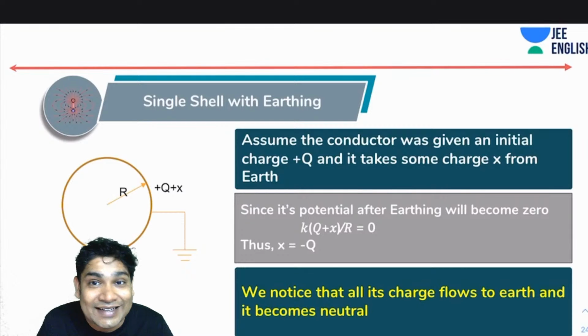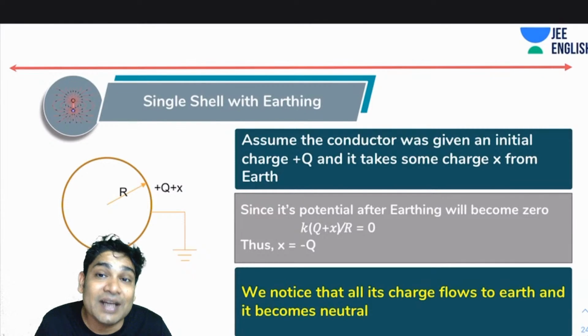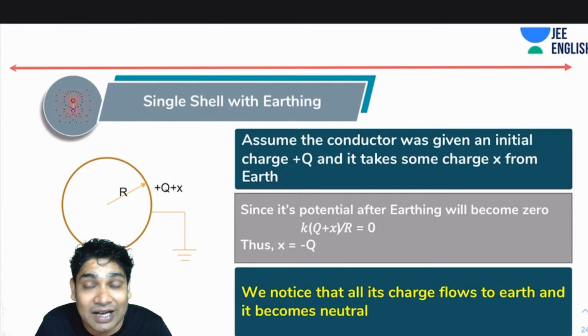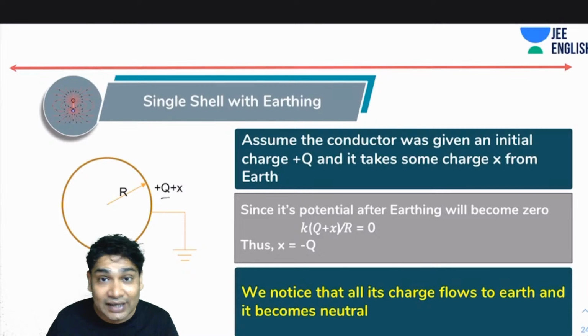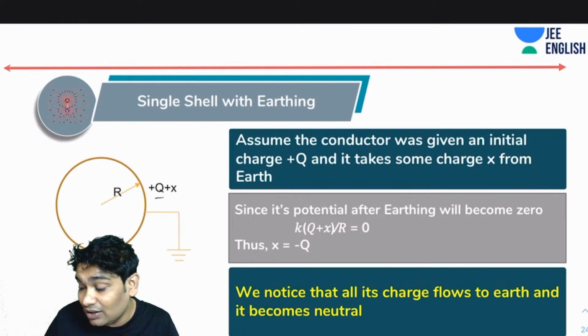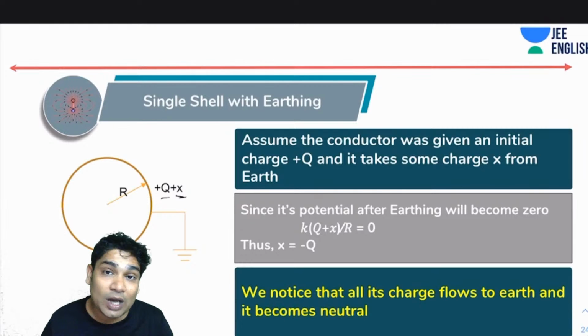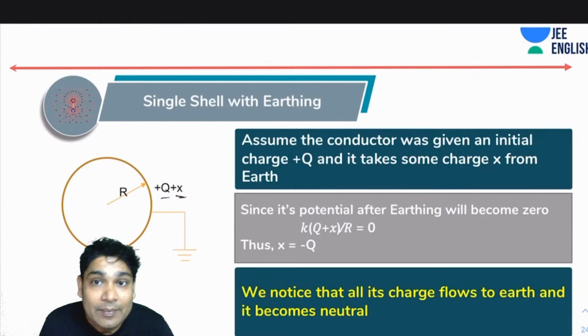So how do the charges get distributed when there is a single shell which has been earthed? Assume a conductor is given initially a plus q charge and it takes some charge x from the earth. All the plus q would have appeared here, and since the conductor is taking some x charge from earth, I'm assuming the total charge on the outer surface would be q plus x.